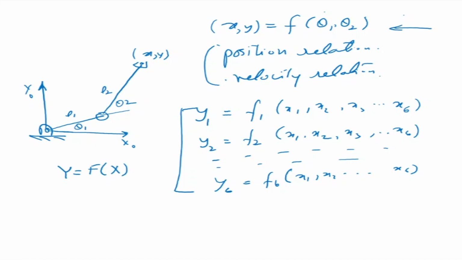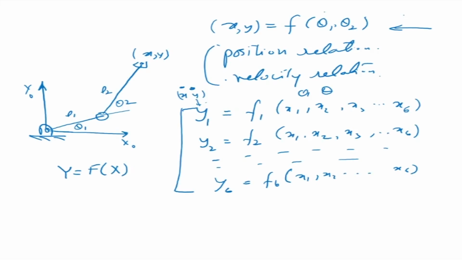So xy is a function of theta 1, theta 2. You can think about this as xy on this side being equal to theta 1, theta 2, theta 3 in that order. Now if you wish to calculate the differentials of y as a function of differentials of x, we simply use the chain rule, taking the partial derivatives.